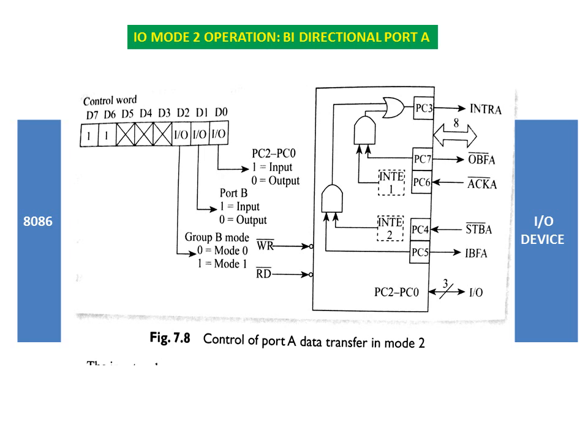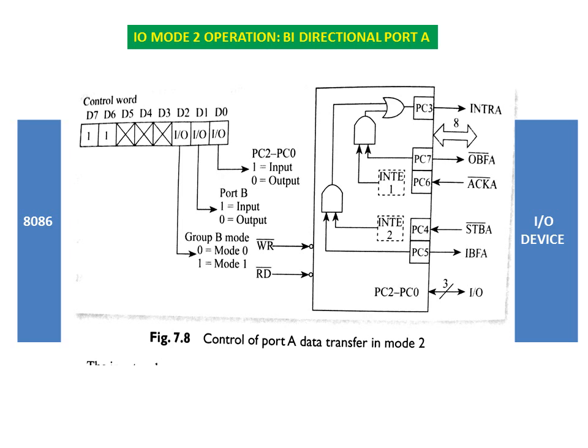Now see this diagram. I/O mode 2 operation, nothing but I/O mode 2, what we know? Yes, port A or port B bidirectional, not port B, port A used as bidirectional.